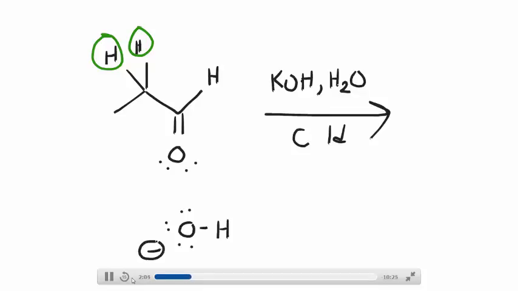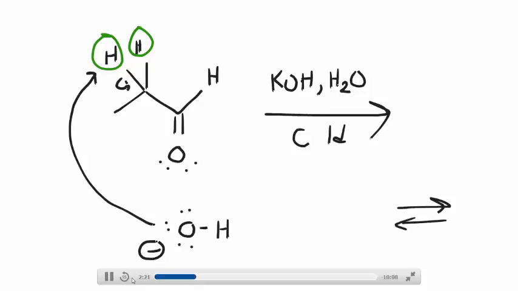So this base here is strong enough to come up here, take the proton, and as you take one of these protons, you would break the carbon-hydrogen bond, and carbon being more electronegative, carbon will take those electrons. And again, this is an equilibrium reaction. What you produce by doing so is water and the corresponding enolate.